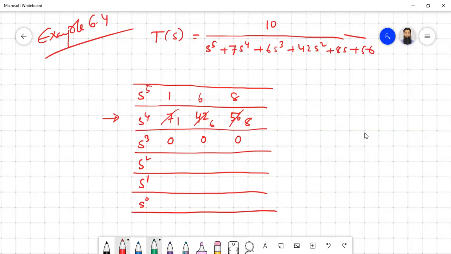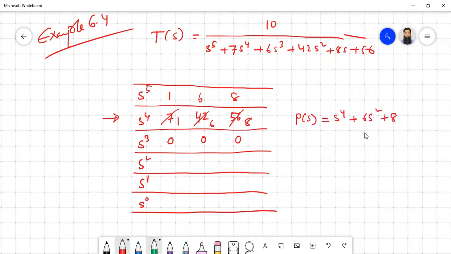So whenever you have a 0 row, the row before that, whatever coefficients you have, that is what is called the even polynomial: P(s) equals s to the power 4 plus 6 s squared plus 8.